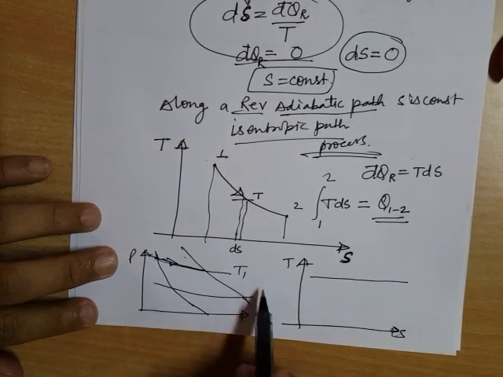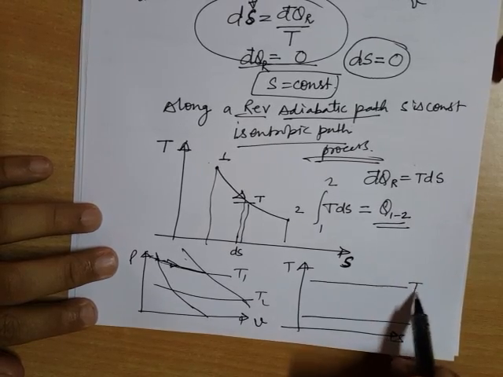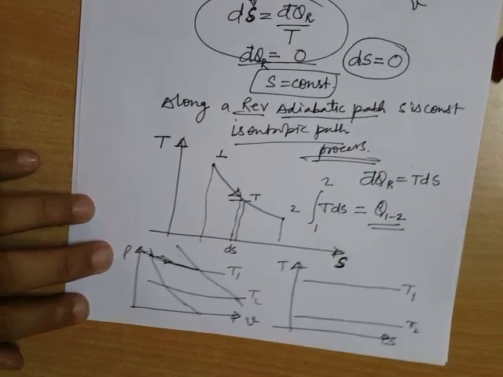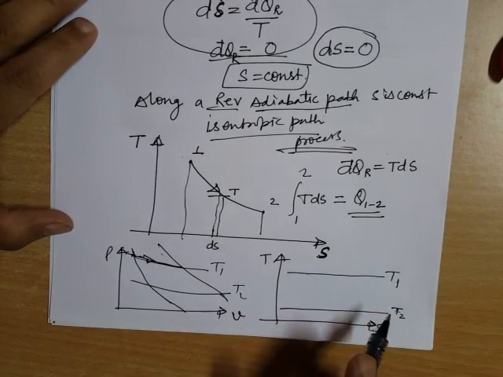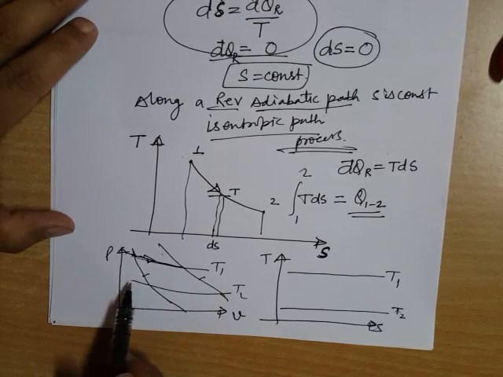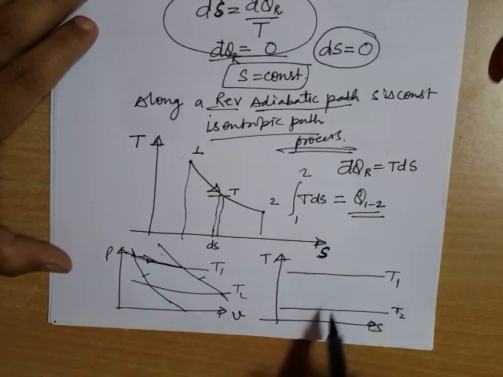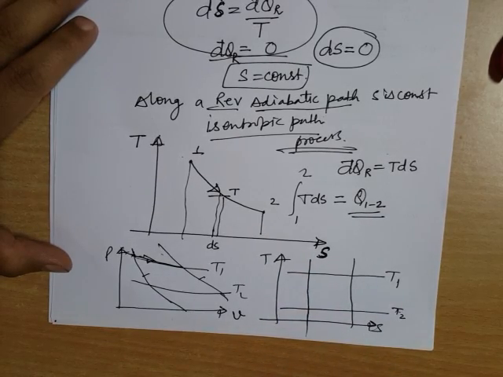This at higher temperature, this is another. This is T2, this is T1. So friends, these are what? These are reversible adiabatic. Reversible adiabatic means isentropic, means entropy is constant. So these are those isentropic lines.